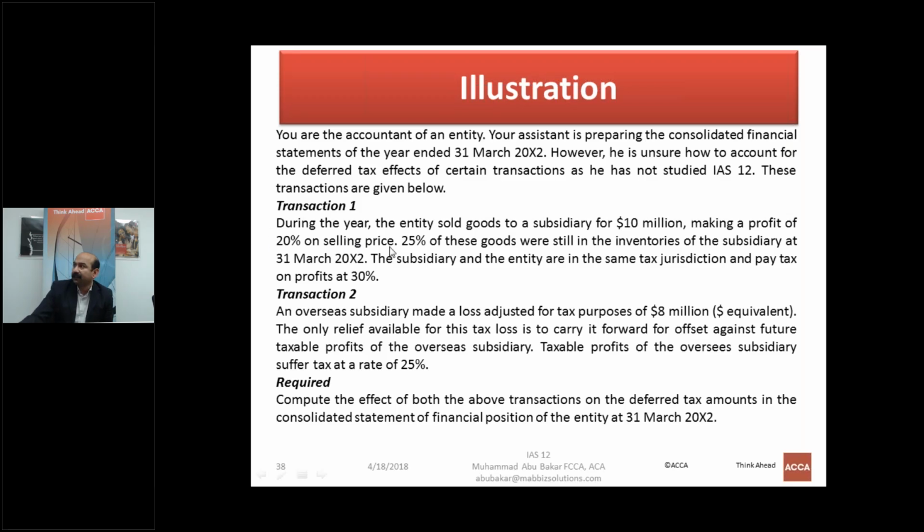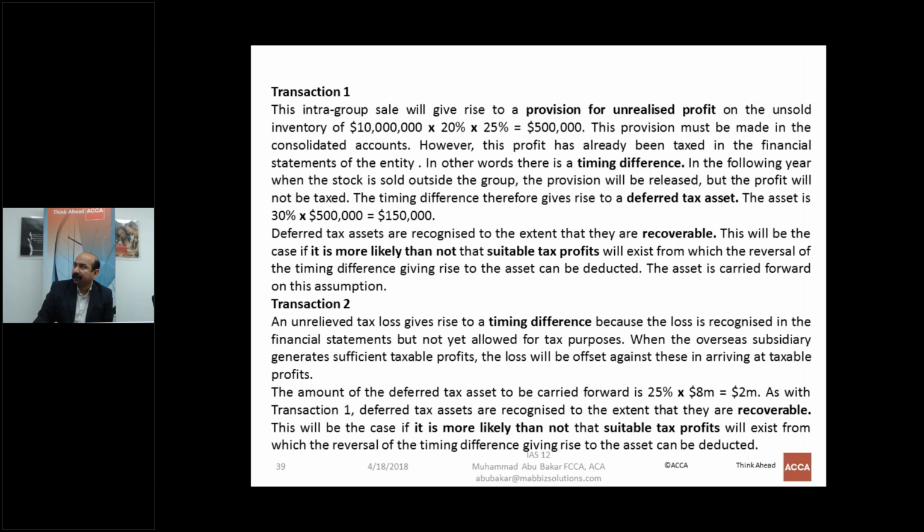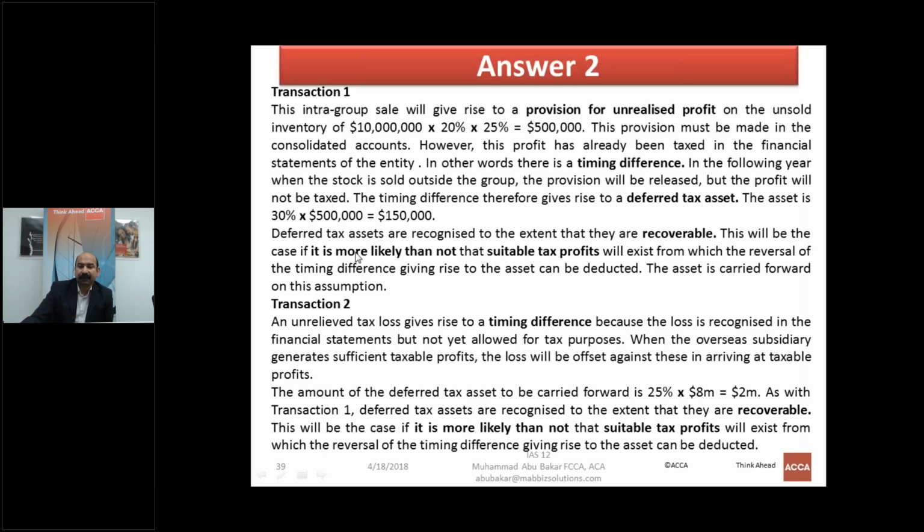See, in this illustration here, you can see that there is an unrealized profit. So while preparing the consolidated financial statements, when you account for this unrealized profit, this will create a temporary difference, as we can see from its answer. The intra-group sale will give rise to the provision for unrealized profit on the unsold inventory of 10 million into 20% into 25%.